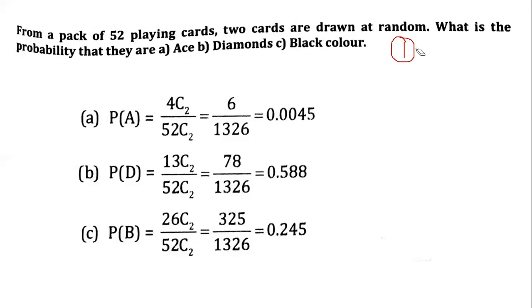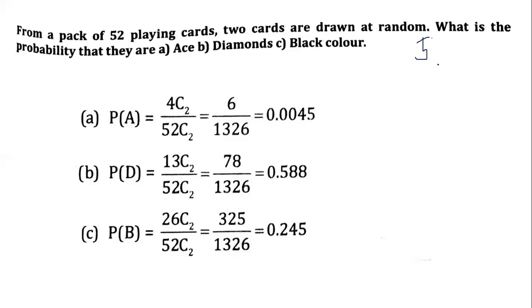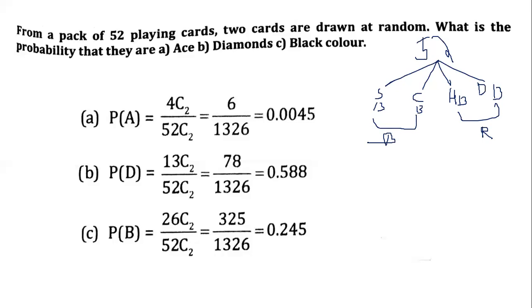So first let us again revise how many cards are there. Out of 52 cards, you have 4 divisions, where you will have spade, club, heart and diamond cards, wherein each set will be 13 cards. These two sets are black in color, these two are red in color.